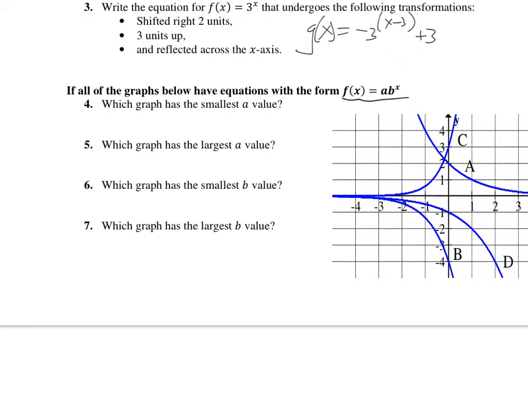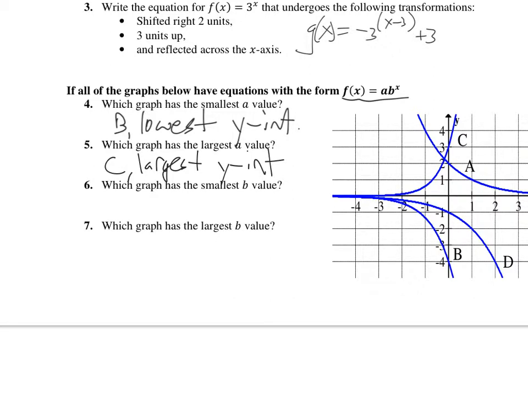If we have the smallest a value, a value once again is the initial value, so that would be this b, and it has the lowest y-intercept. Which has the largest a value? Well, that's looking for the largest intercept, and that's up here. That's going to be c. And so this is the largest y-intercept.